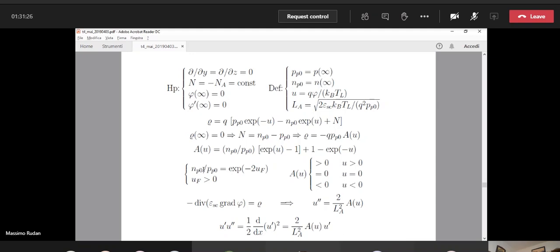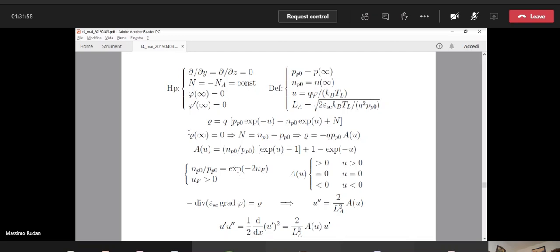So it is a very, very small number, like 10 to the minus 12 or so. Okay. And it can also be recast as exponential of minus 2 uF. uF is not defined yet, but uF is the normalized Fermi potential. So it is phi F times q over kT. Okay.